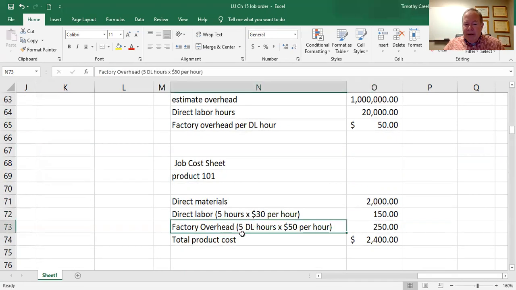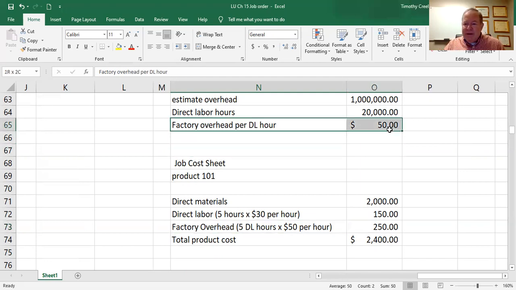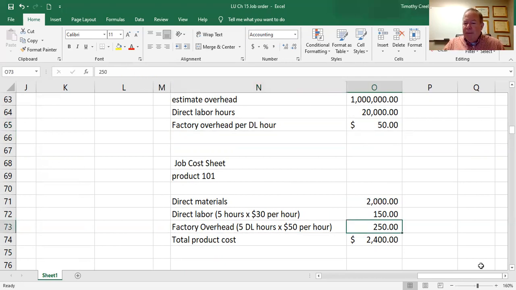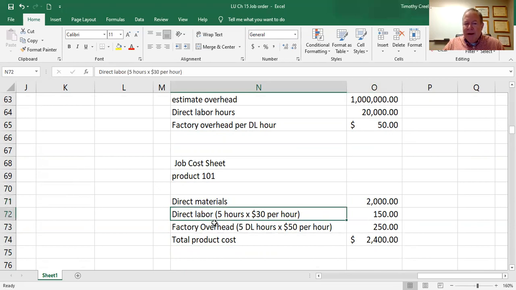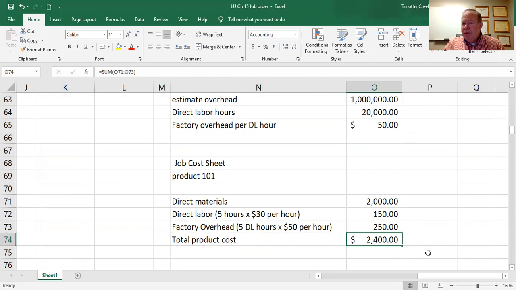And our factory overhead is 5 direct labor hours, based on us using direct labor hours in this example, so we'd take 5 direct labor hours times the rate of $50 an hour. We would charge that product $250 of overhead. And our total product cost, again, would be our direct materials, direct labor, and overhead. So our total product cost in this case would be $2,400.